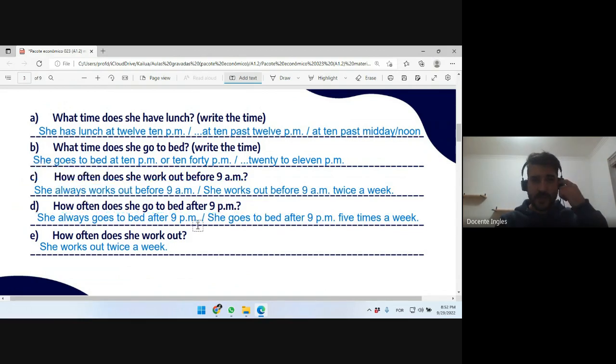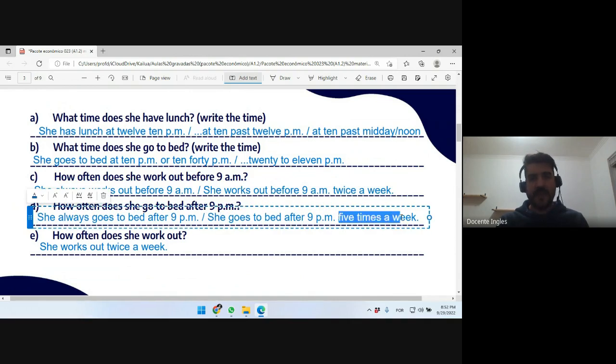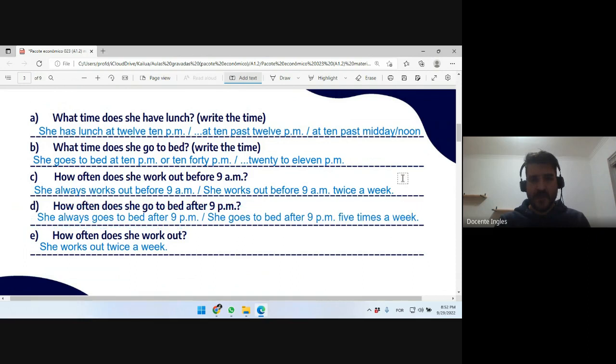When we use expressions of time, we put them at the end, twice a week, 5 times a week. So depending on the element, if it's an expression or if it's an adverb, the position changes. Okay? So correct everything, calculate all the points, and if you have any questions, you can go to Google Classroom. Okay?